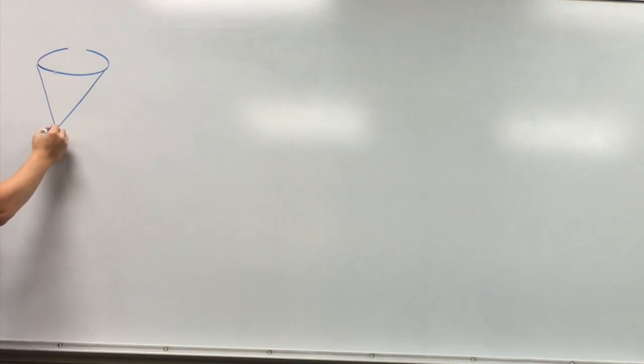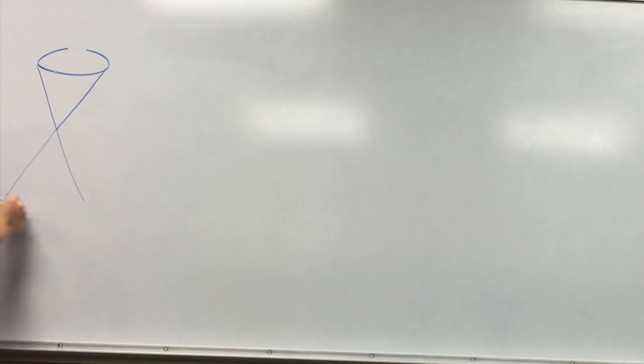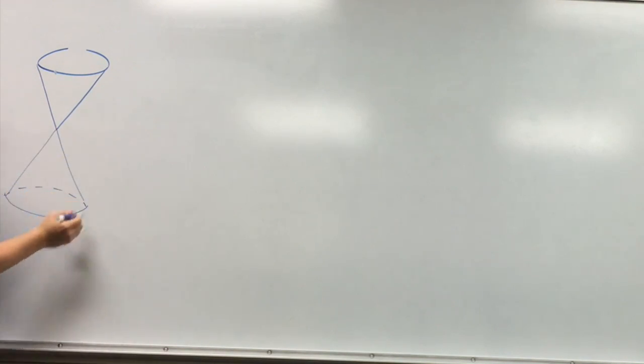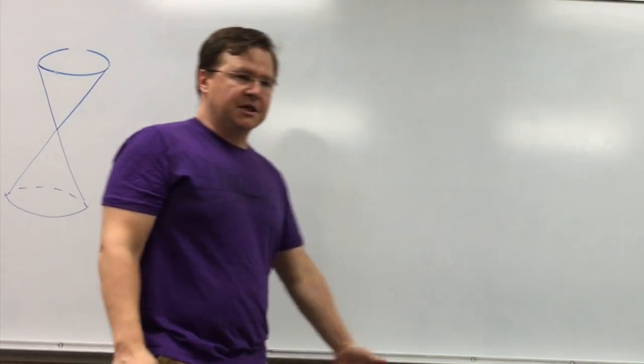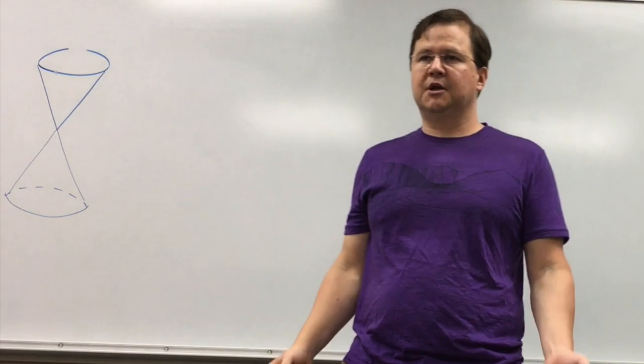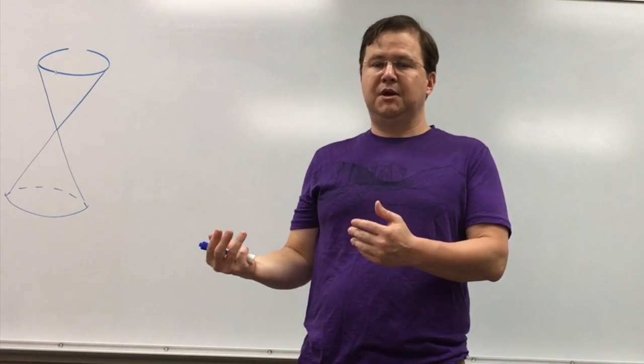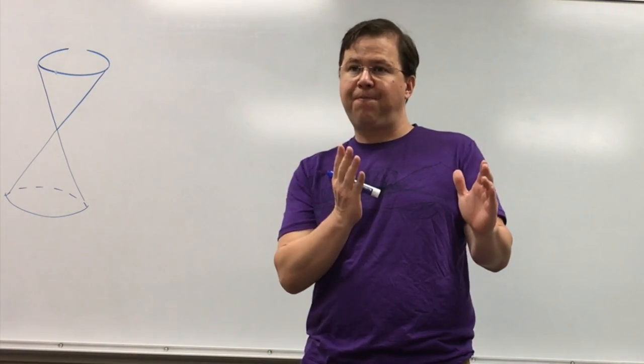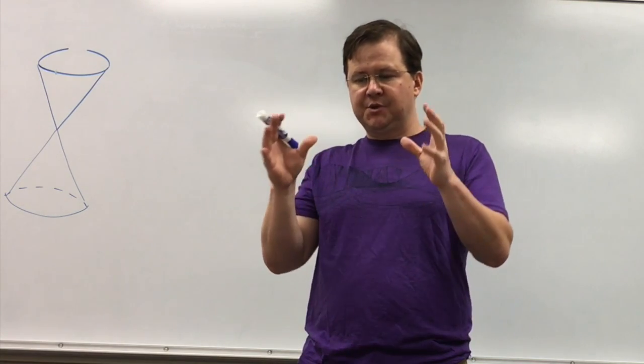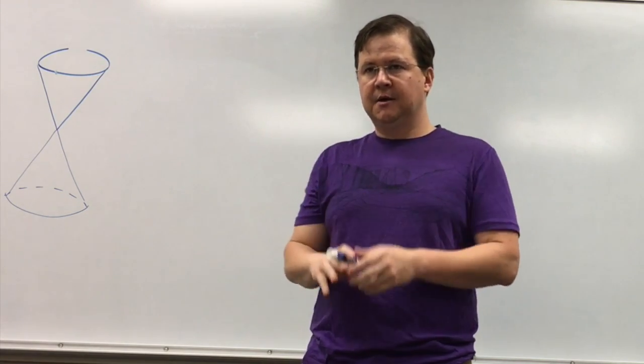So you might call this a double cone. It has a top half and a bottom half. Every conic section, conic meaning cone, section meaning it's an intersection of a cone and a plane. So the section is where those two intersect.